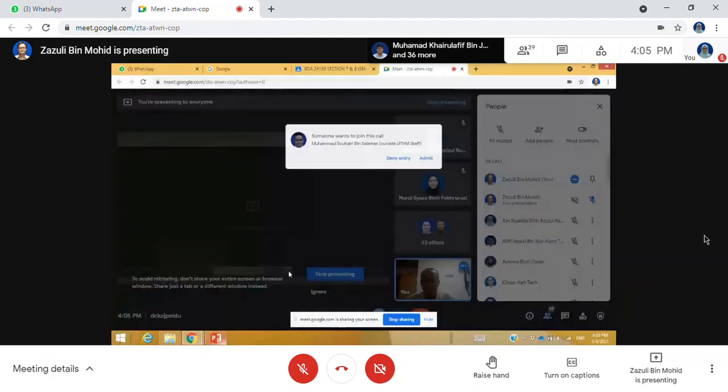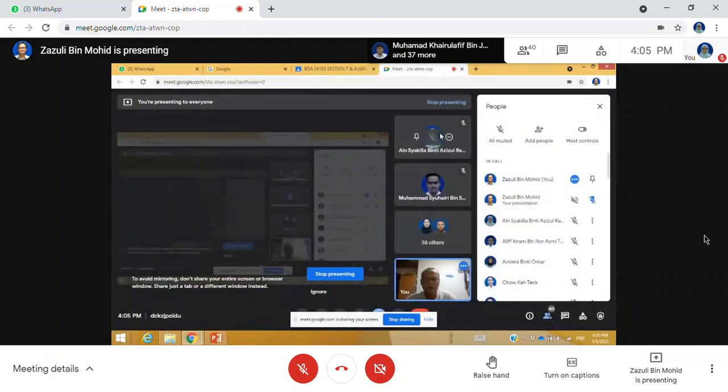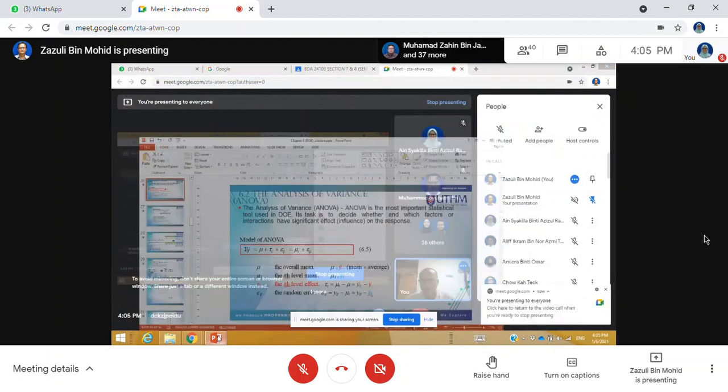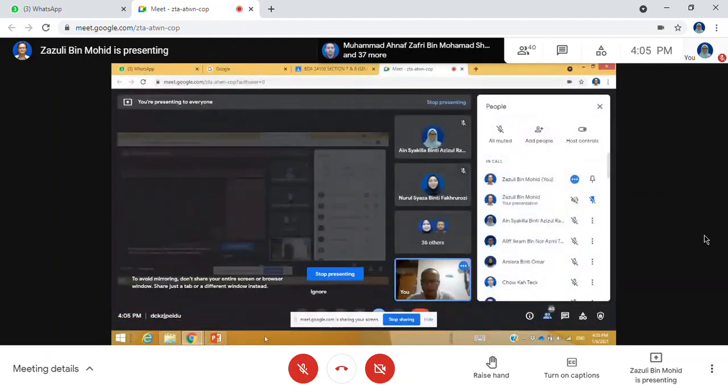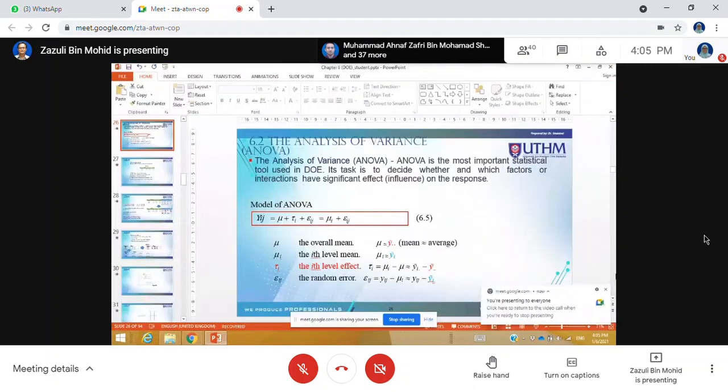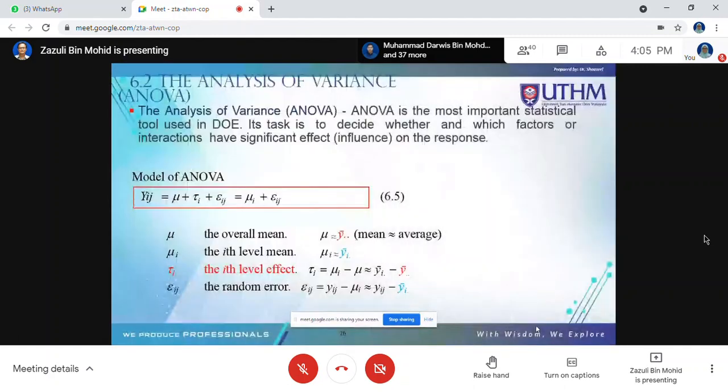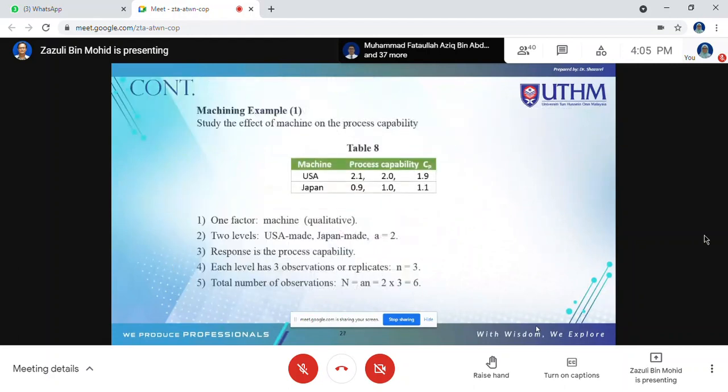So it requires you to do the calculation carefully, not making any mistakes, so that you can have a correct answer and correct conclusions at the end of your analysis.